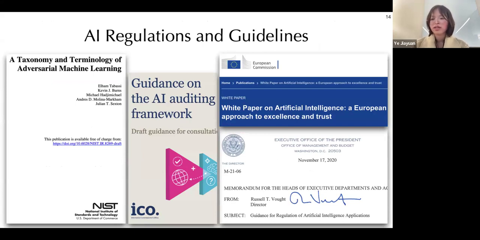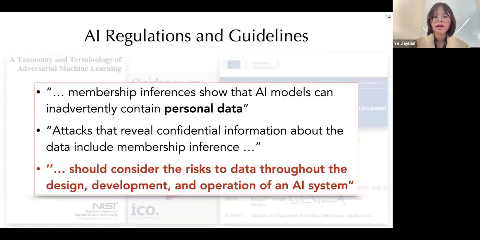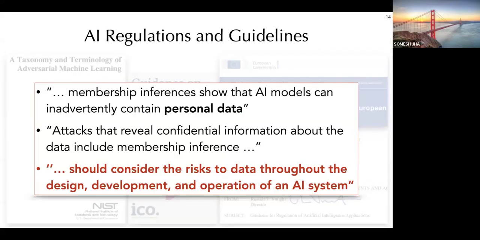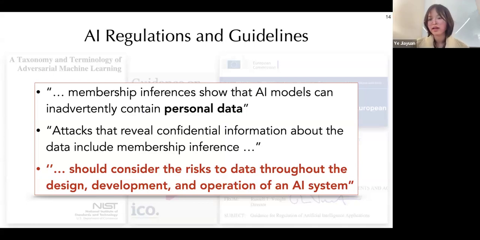So it's more used as a quantitative tool in, for example, some AI regulations and guidelines, to say that I want to be free from this kind of basic attack for privacy protection against these indirect privacy risks.